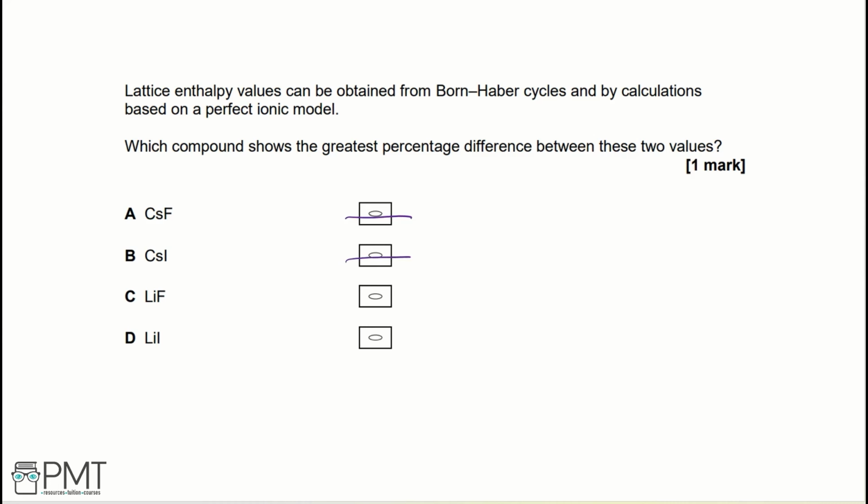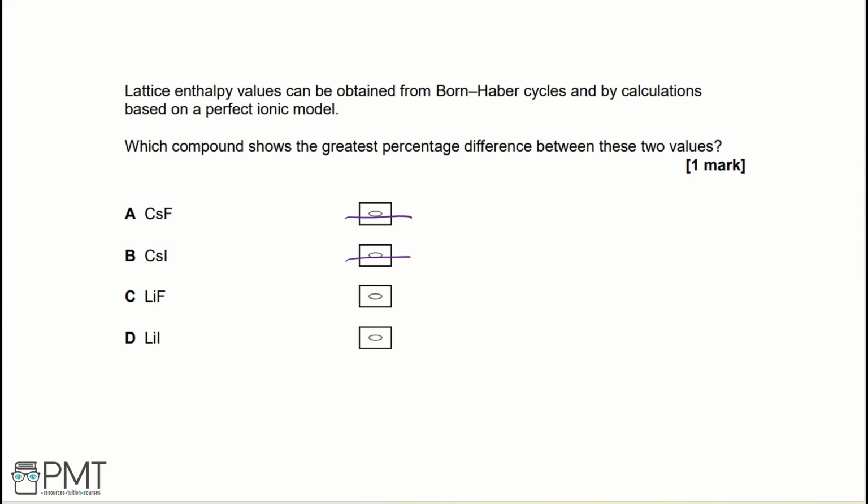So now we're looking at the difference between fluorine and iodine. Well, fluorine is smaller, and that means it's going to have a smaller electron cloud, whereas LiI has a large covalent character because the lithium ion is very small and the iodide ion is very large, which means the lithium ion is going to draw electron density from the iodide ion, so it's going to be more covalent in character.